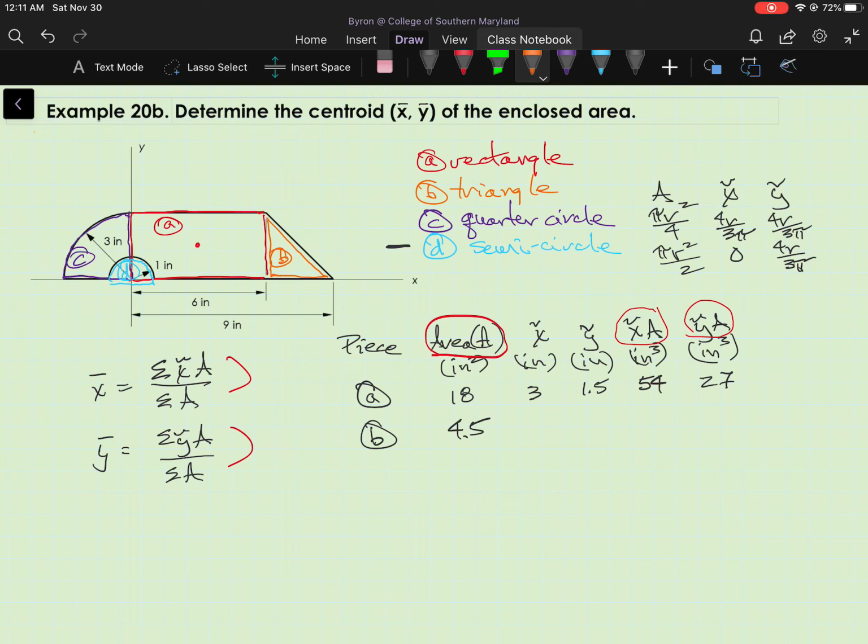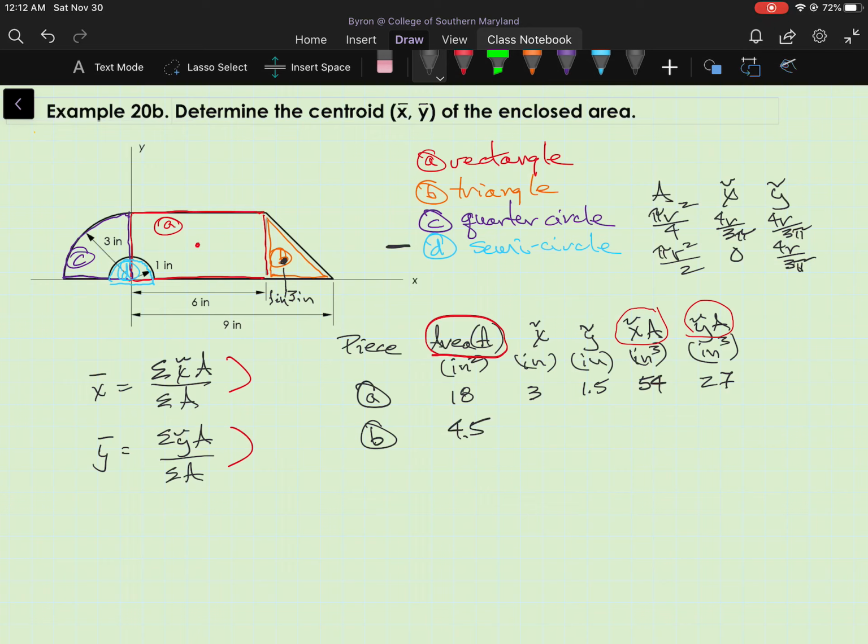I'm going to draw this in black so we'll see it. We know that the centroid of the triangle is going to be, if the triangle base is 3 inches, 1 inch from the left side of the triangle, left leg of the triangle.